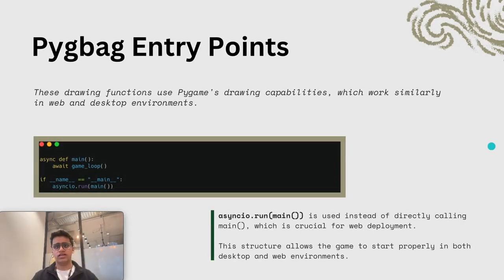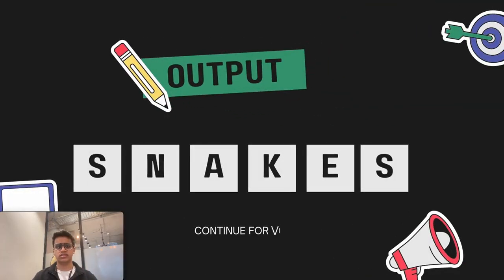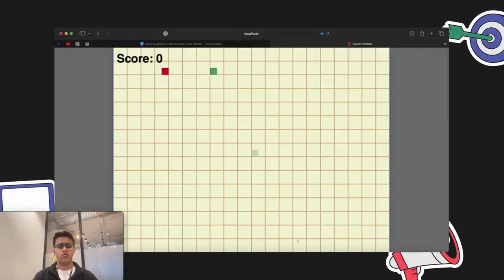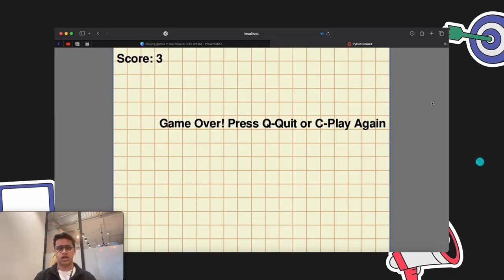Eventually we call the asynchronous function which starts the game, and if we run it in the browser, we will see a snake game working with user inputs. The snake keeps growing once it eats the food, and if it touches itself or the window edges, the game is over.